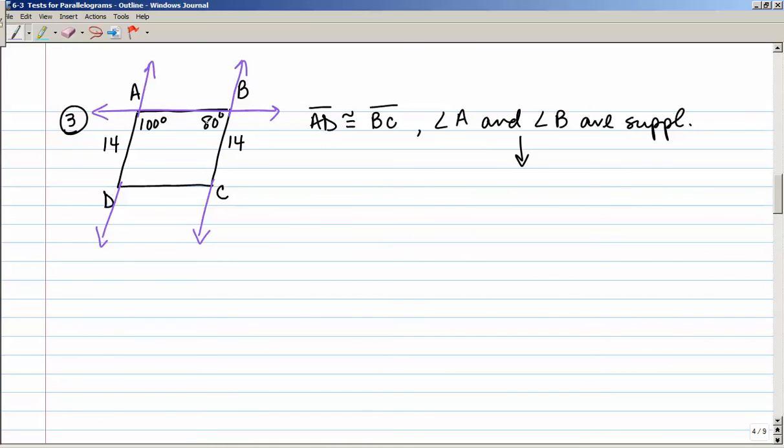Okay, so if consecutive interior angles are supplementary, then the lines are parallel.